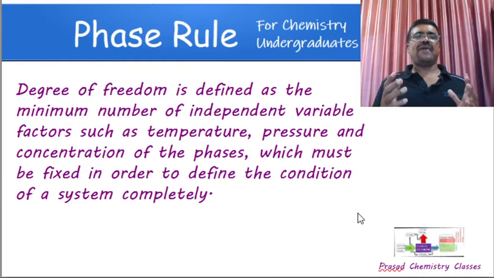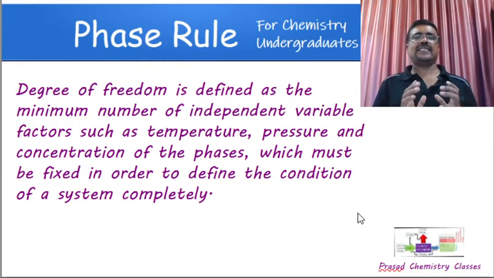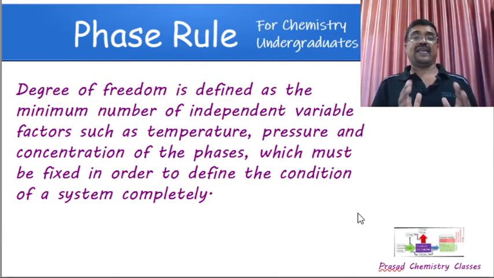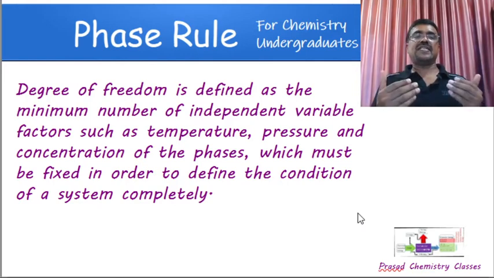Degree of freedom is defined as the minimum number of independent variable factors such as temperature, pressure and concentration. We consider intensive variables here, right? Not extensive. Intensive variables such as temperature, pressure and concentration or composition of the phases, which must be fixed in order to define the condition of the system completely.